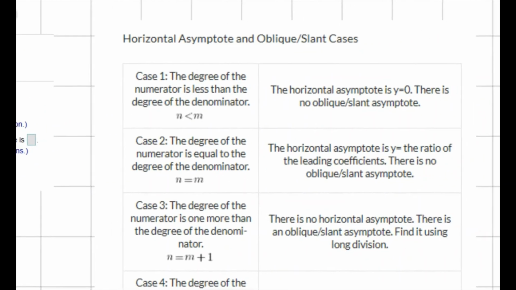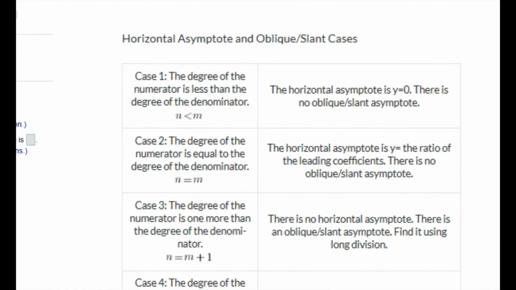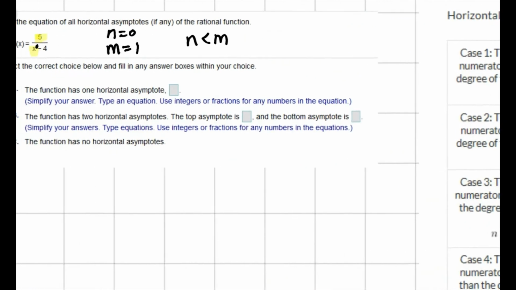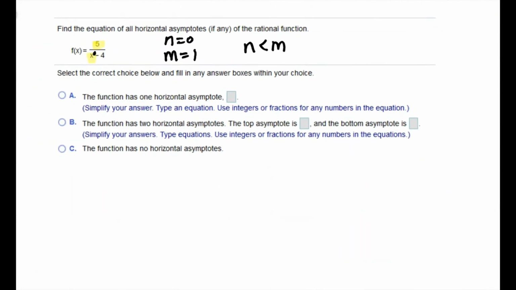So that is case 1. In case 1, we have a horizontal asymptote of y equals 0. So it's the line y equals 0, not just the number. The horizontal asymptote is an equation, so you have to write the equation y equals 0.